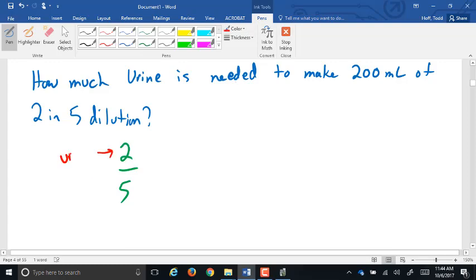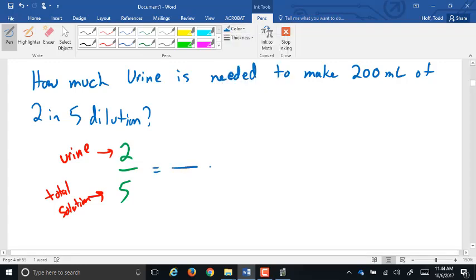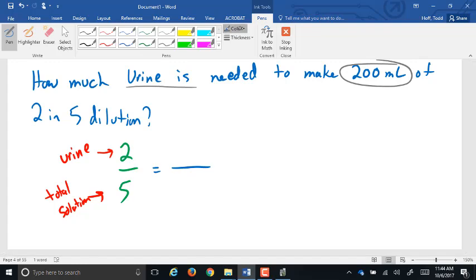The urine, or serum, and in this case, it's urine. The 5 is total solution, total parts. So now on the other side of this proportion, we have the 200 milliliters. Does that represent urine or total solution? Total solution. So 200 milliliters goes down there.